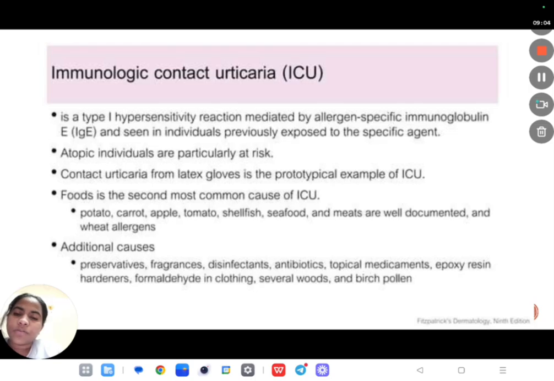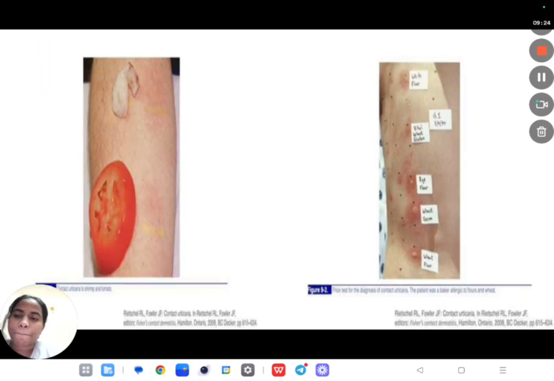Atopic individuals are particularly at risk. Contact urticaria from latex gloves is the prototypical example of immunological contact urticaria. Food is the second most common cause, for example potato and carrot, and so on. Additional causes include preservatives, fragrance, etc.